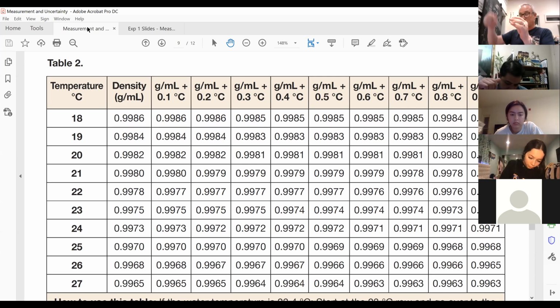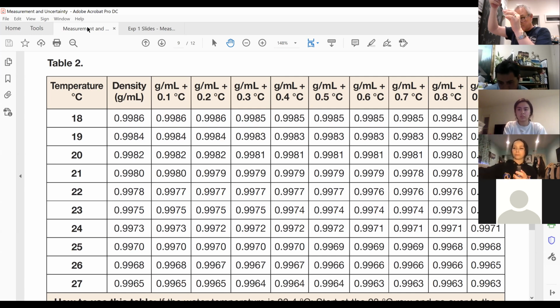But then again, you're just going to be eyeballing this. This is not going to be super accurate. We'll find out by how much. Okay. So I'm going to guess there.